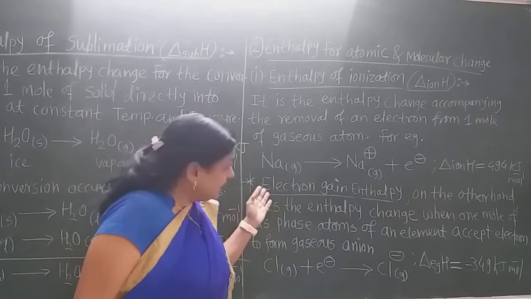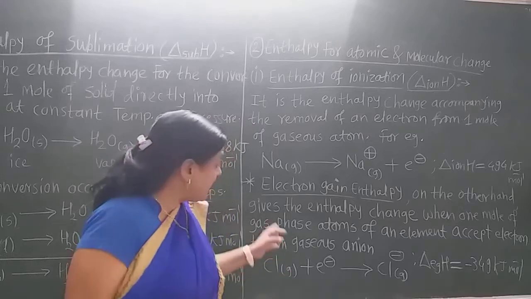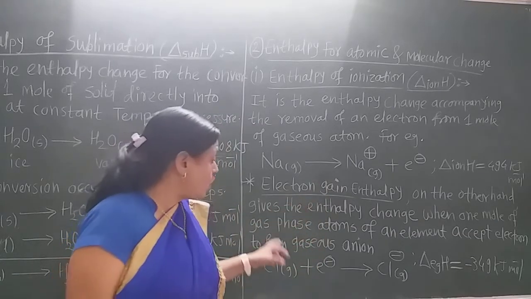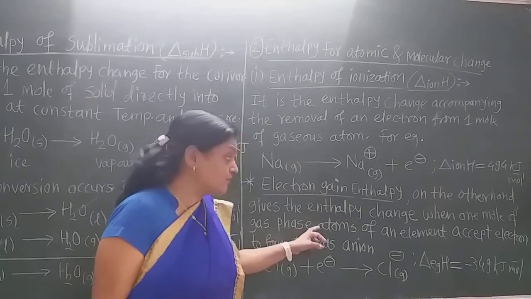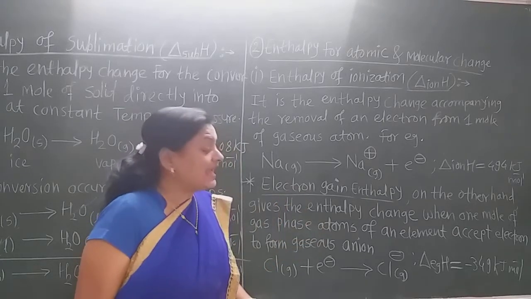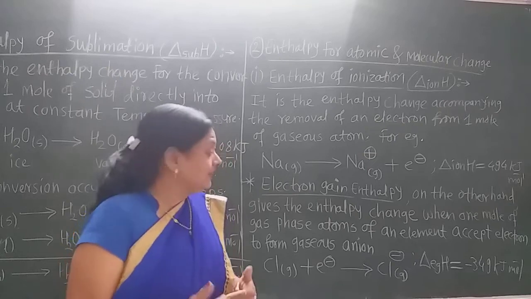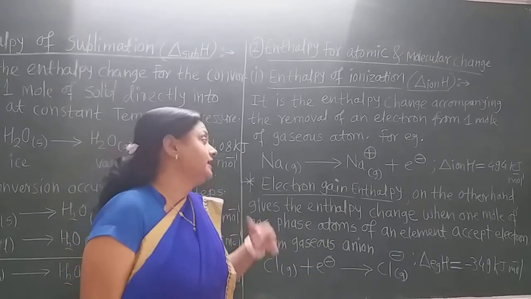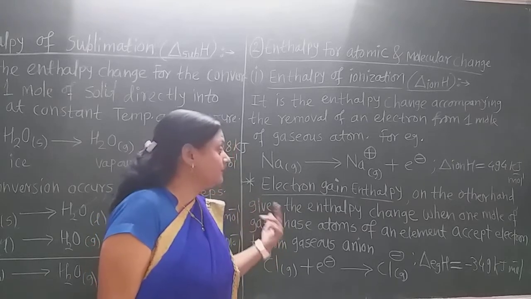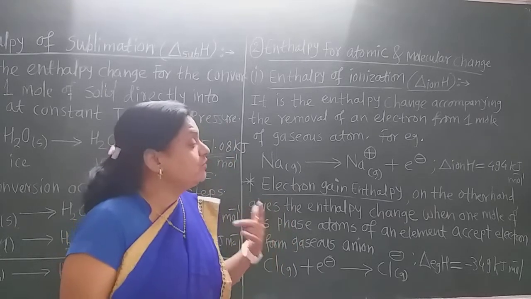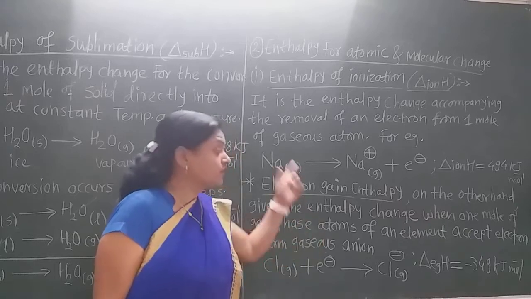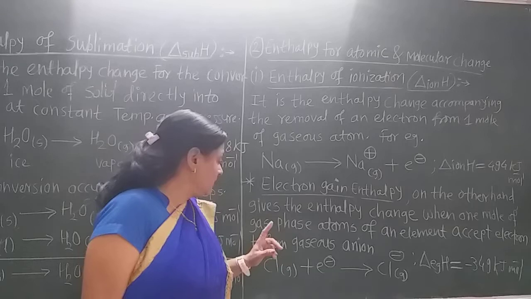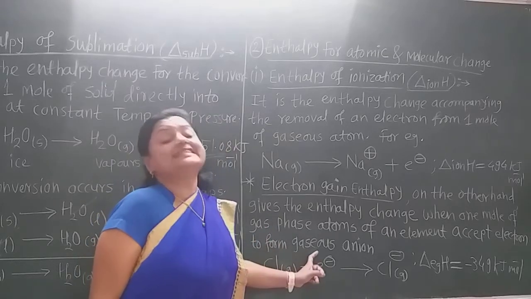Electron gain enthalpy, on the other hand, gives the enthalpy change when one mole of gas phase atoms of the element accept or add an electron to form the gaseous anion. So electron gain enthalpy is nothing but the enthalpy change when one mole of the gas phase atoms of an element accept or add an electron to form the gaseous anion.